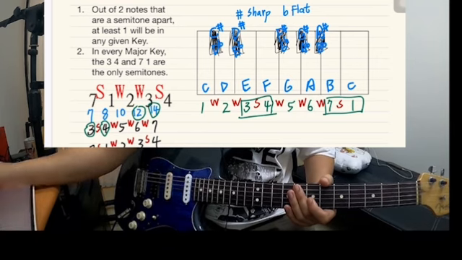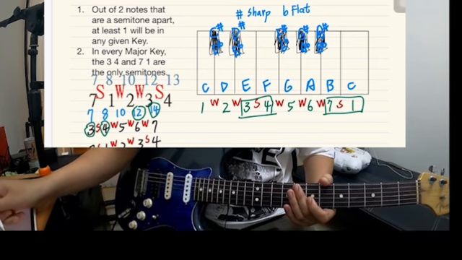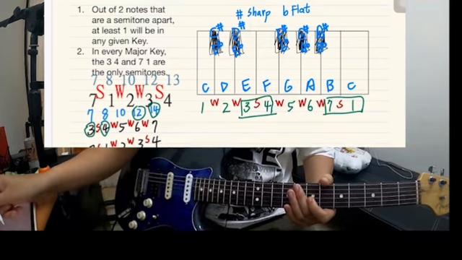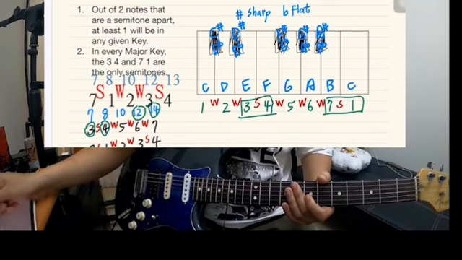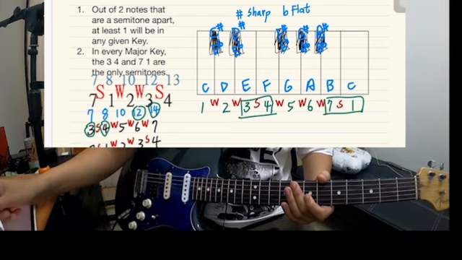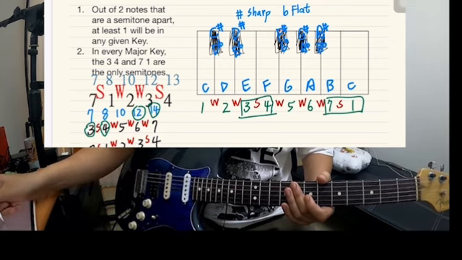And the difference happens over here, right? So the 7, 8, 10, 12, and then we have a semitone here. So if the 7 and 8th fret are 7 and 1, then the 12 and 13th fret are going to sound better.